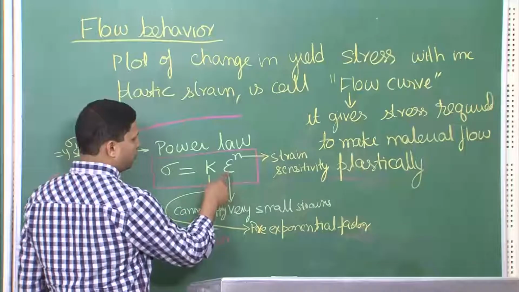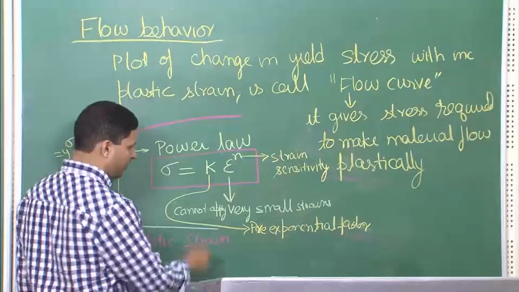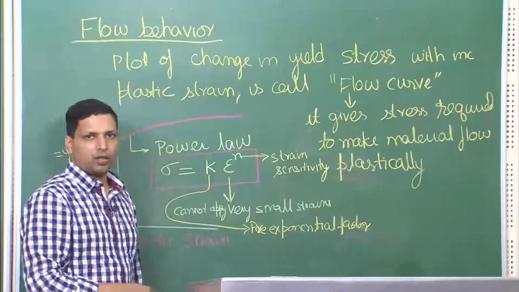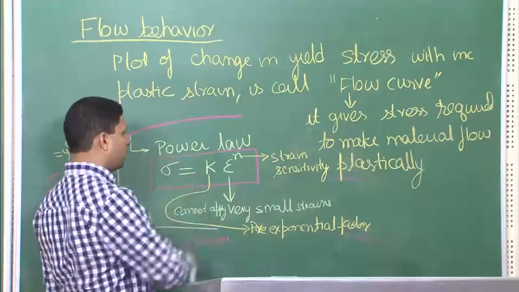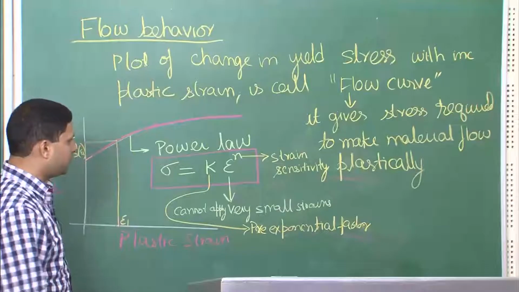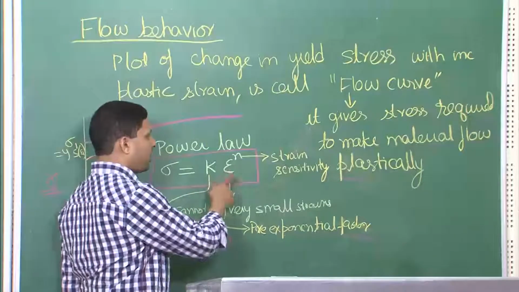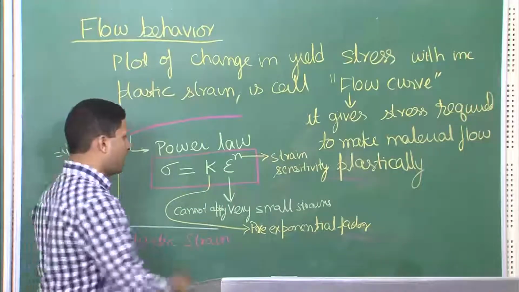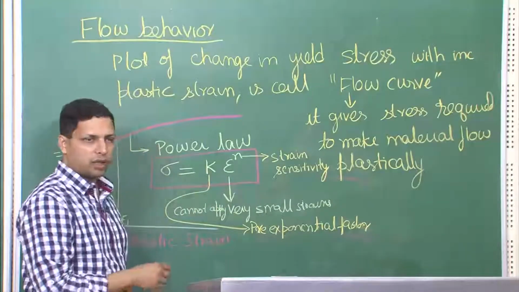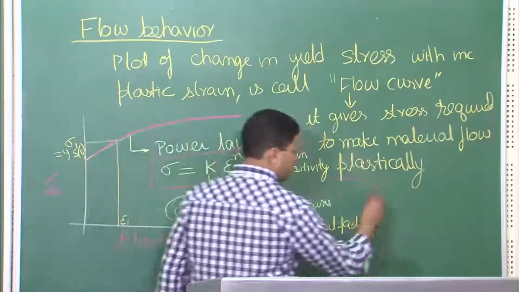Now we talked about the lower range where it is valid. It is not valid for very small strain. There is also the upper limit where it is valid, which is the UTS. You remember we have uniform strain until UTS, and only up to this point will we be able to apply this.